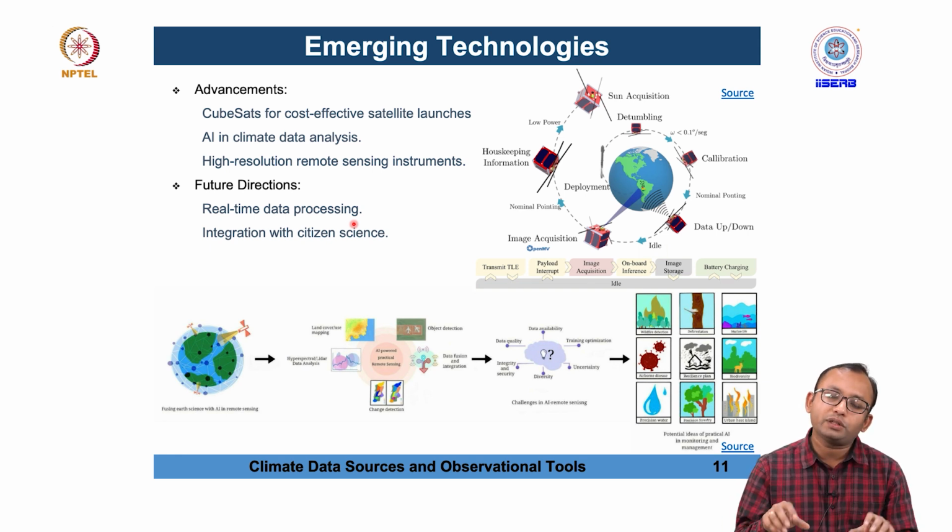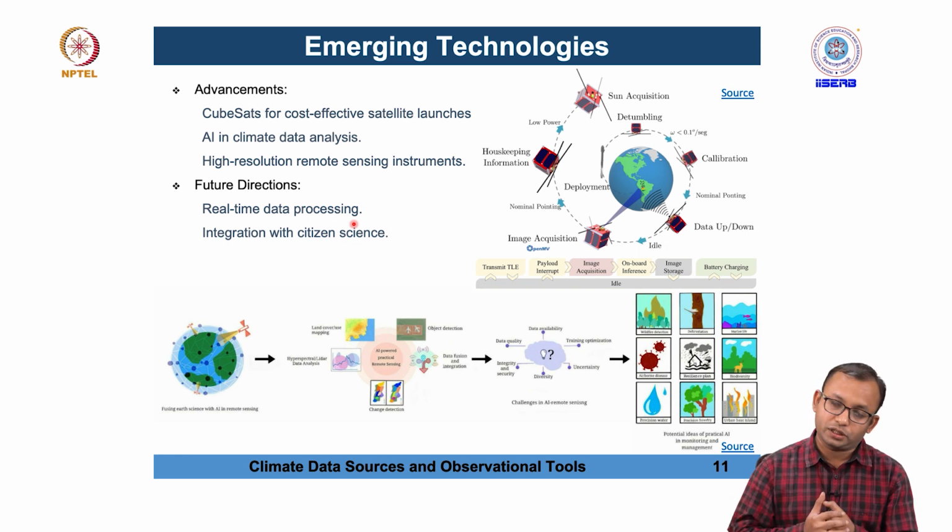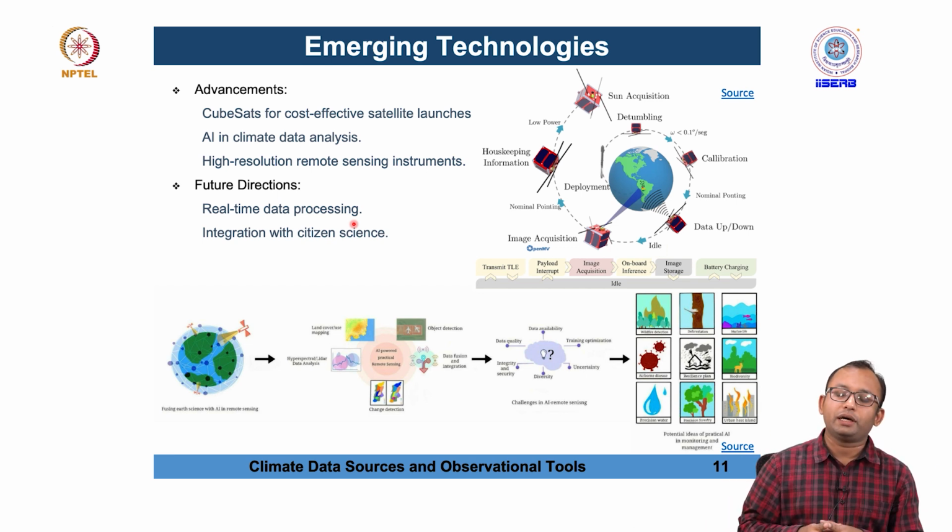We can use those data sets or analysis for better management of these extreme events and extreme conditions in different parts of the world, using real time data processing with multiple satellite data, ground observation data, or high resolution remote sensing instrument data like that.